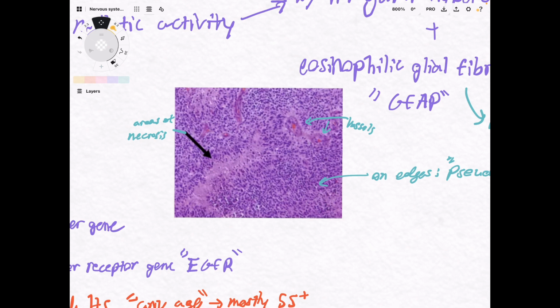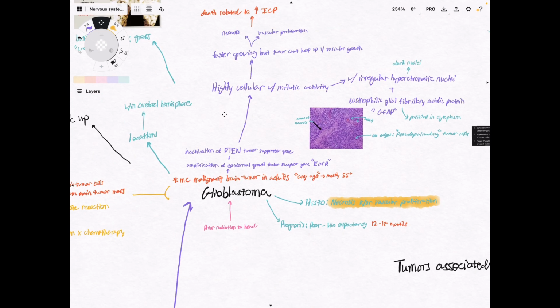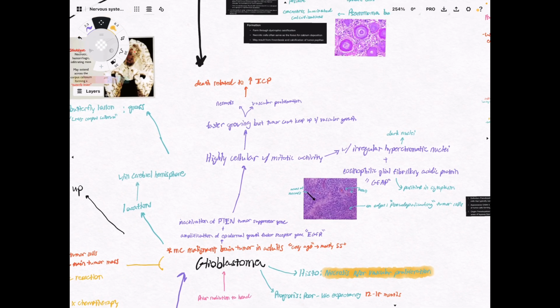And what you can see is alternating areas of necrosis. So you can see necrosis here, this pink area. You see a bunch of cells, this is just very fast growing cells. And then here's a blood vessel that's growing. You see it's leaky, surrounding edema there. So that's pretty much what I want to discuss on the histology of a glioblastoma.